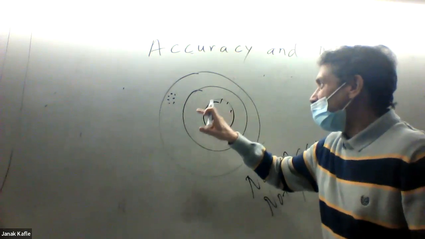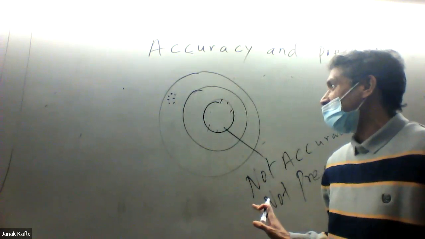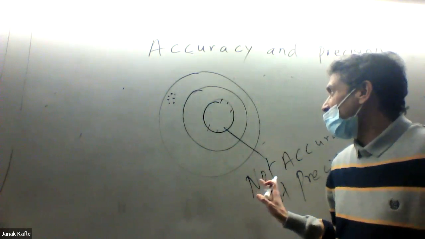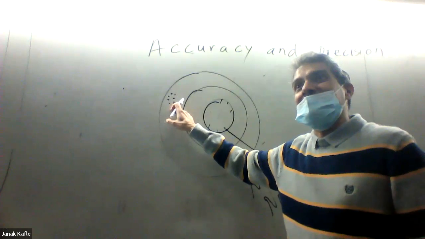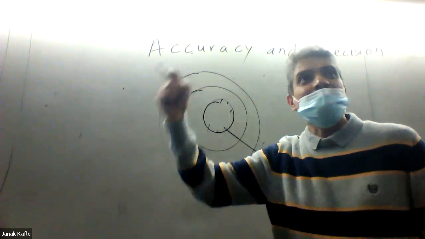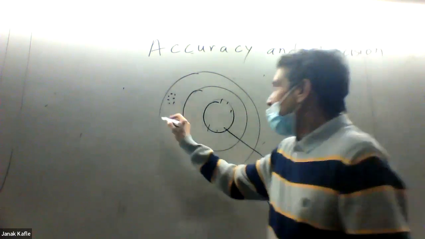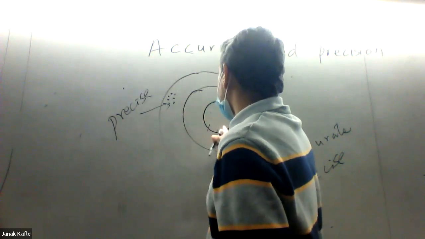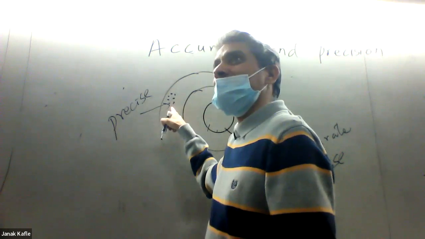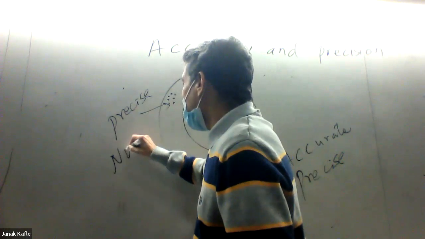If you do a little bit differently in your way of doing, you would probably get the prize, because you are really good at hitting at one point. Make sense? So you are precise, but you are not accurate. You need to hit here, you are hitting here, right? So not accurate.